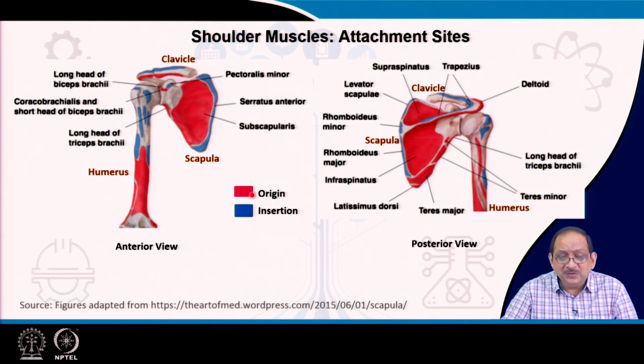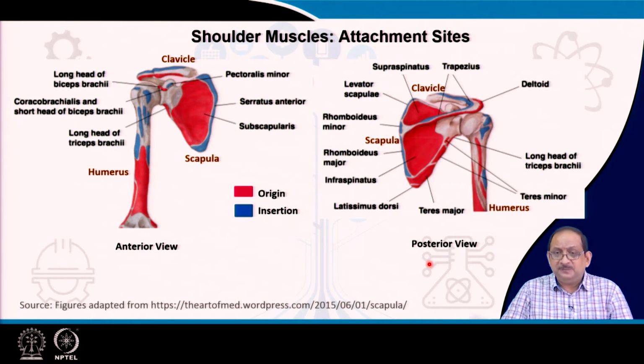These muscles either have origin or insertion on the humerus, scapula or clavicle that constitute the shoulder joint. The attachment sites of all the muscles in the shoulder are shown in the anterior view and posterior view of this slide.